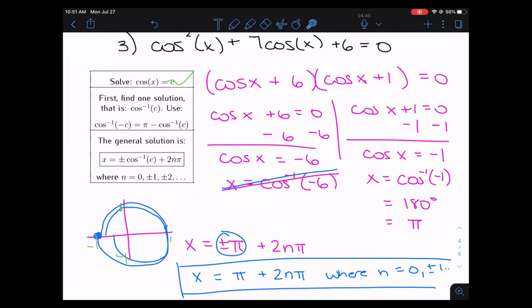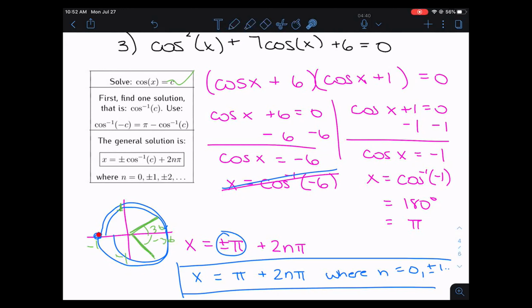The plus or minus sign only comes into play if the angles are in opposite corners. Remember when this was 30 degrees and this was negative 30 degrees? The negative signs mattered because those were two different angles. But here, since it's on the x-axis, positive pi is here, but negative pi is also here.